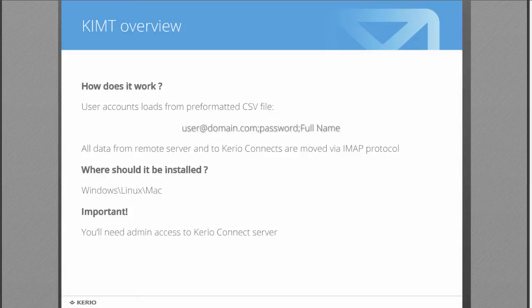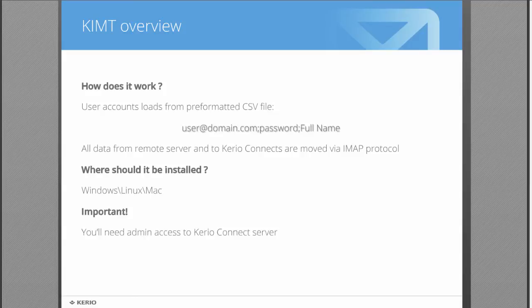So the connection will happen on, again, another third party machine will access your mail server sitting on one side, where there is Neiman, Icewarp, Zimbra, will get the information using the IMAP protocol and will be pushed onto Kerio Connect. Where should it be installed? You can use whichever, Linux, Windows, Mac.